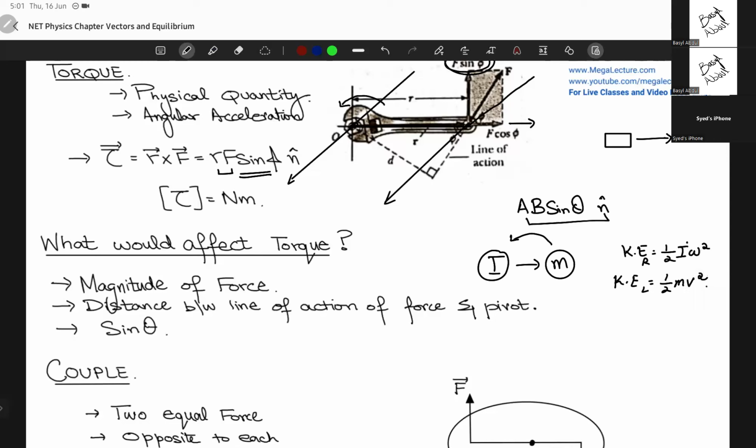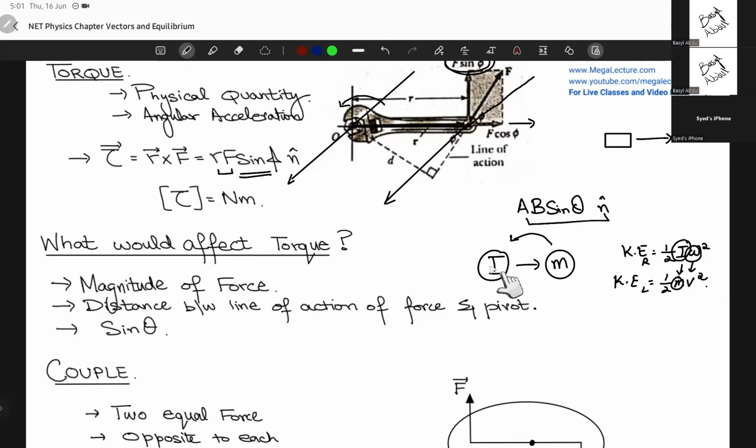So I is the analog of mass, and omega, angular velocity, is the analog of linear velocity, right?